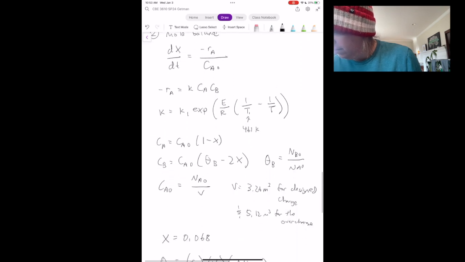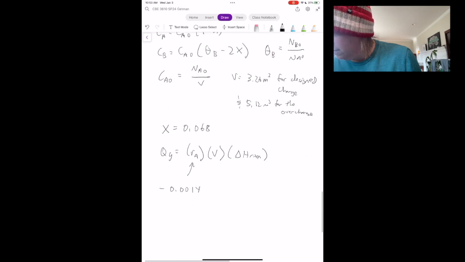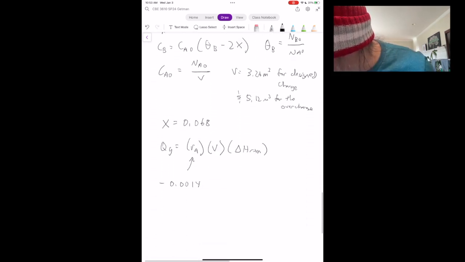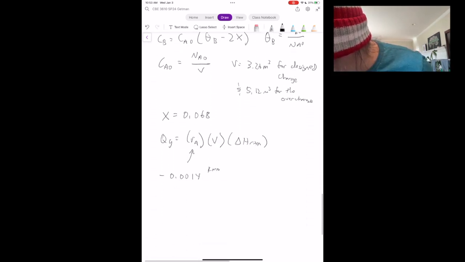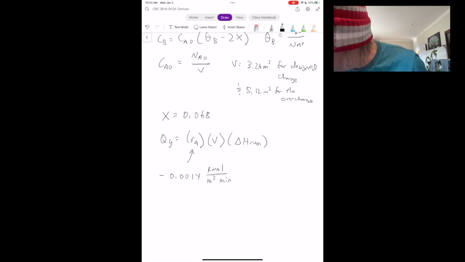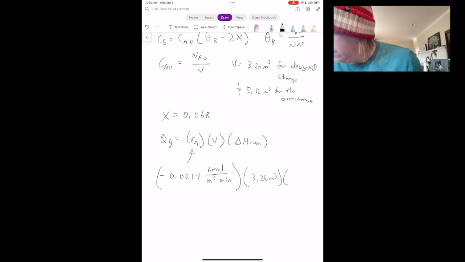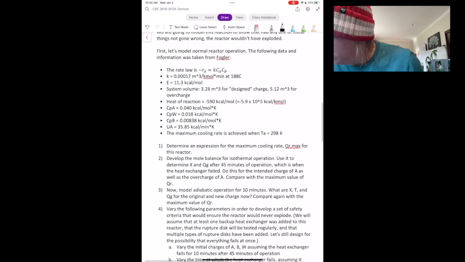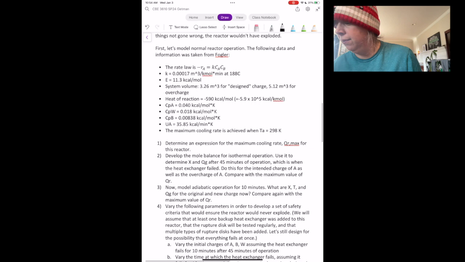So that is going to be kilomole per meter cubed per minute. Our volume for our design charge is 3.26 meters cubed. And then our heat of reaction, if we go back here, is negative 590 kilocalories per mole, which is equal to negative 5.9 times 10 to the 5th kilocalories per kilomole.